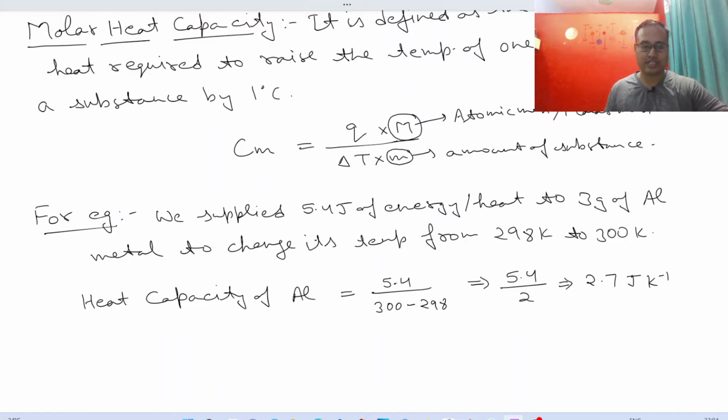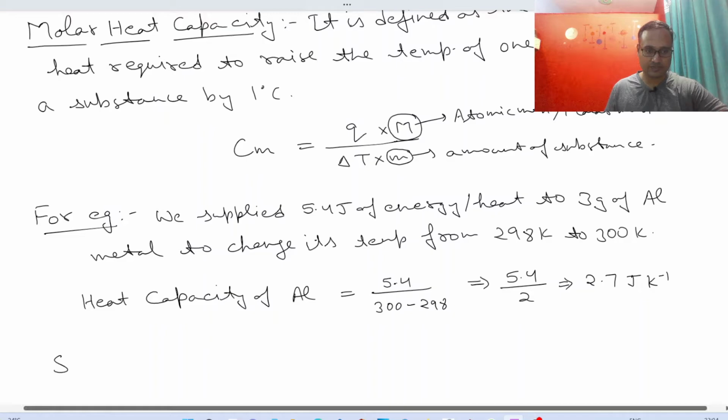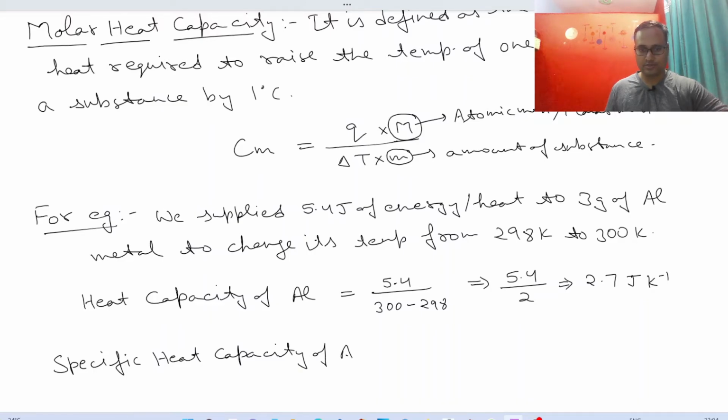Next, we are going to calculate the specific heat capacity. Specific heat capacity of aluminium can be given as 5.4, the amount of heat supplied, divided by the change in temperature delta T, that is 2, into the amount which we are taking, 3 gram.